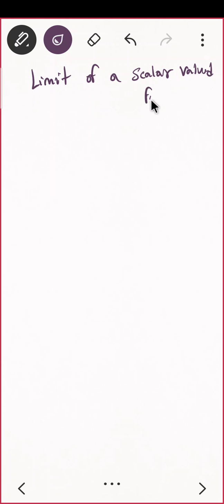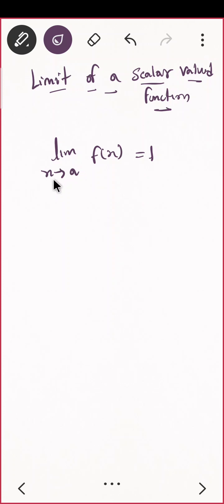What do you mean by that? That is, limit x tending to a, f of x is equal to L. But you should consider where x and a are. Your input of the function is in Rn, correct? F is from S, where S is a subset of Rn, to R, something like this.